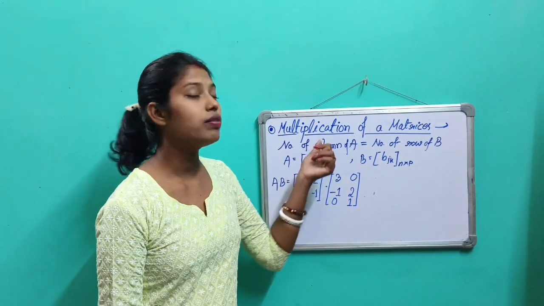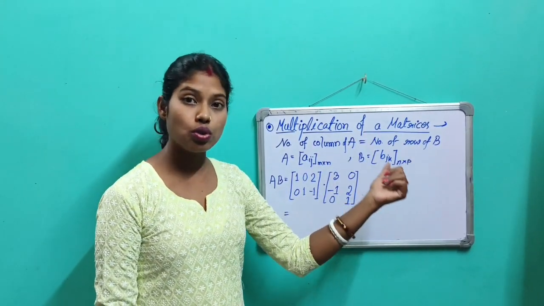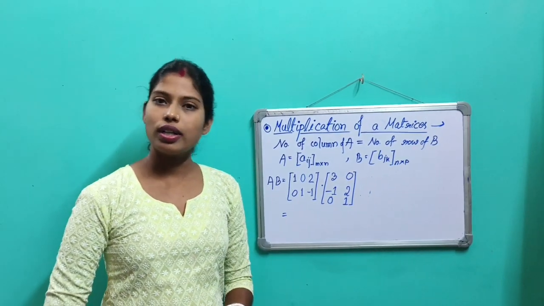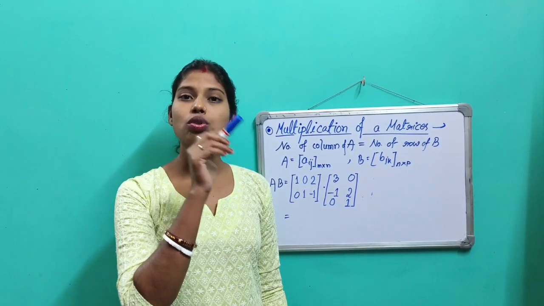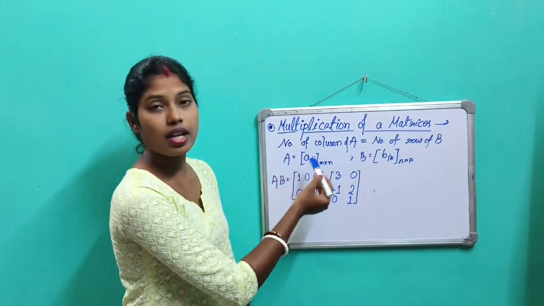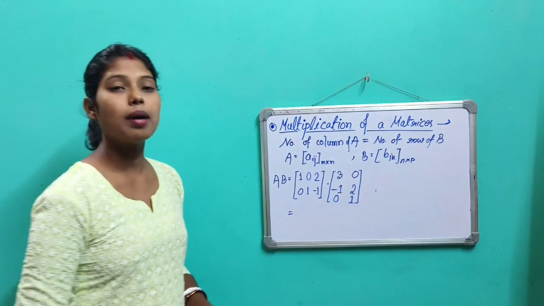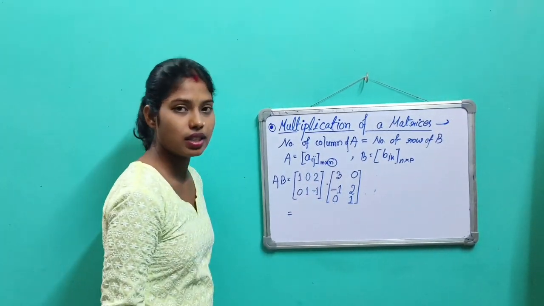The number of columns of A should be equal to the number of rows of B. We know the order of the matrices, and the order is generally written as the number of rows by the number of columns. So here in this matrix capital A, this one is the number of rows and the second one is the number of columns, right?